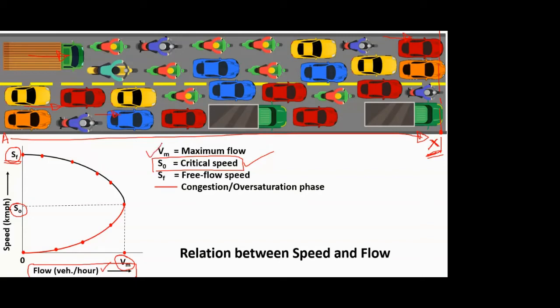The flow is designated as capital V in the case of traffic, in this example that I'm showing. So VM is the maximum flow. And again, red color is the congestion or the oversaturation phase. So this is the relationship between speed and flow.